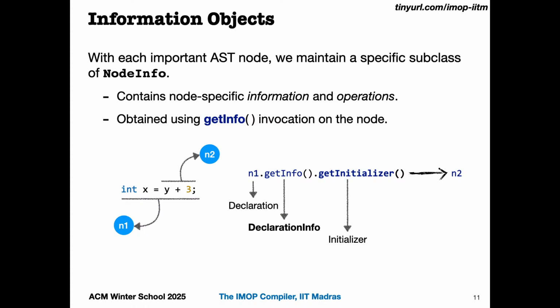I have a node, I am doing getInfo. This getInfo is a method that you will use quite often, and depending on what the AST node is, since N1 is a declaration, it has an initializer. If it is a while loop, it won't have an initializer, it may have something else. Depending on the statement, you can do different things.